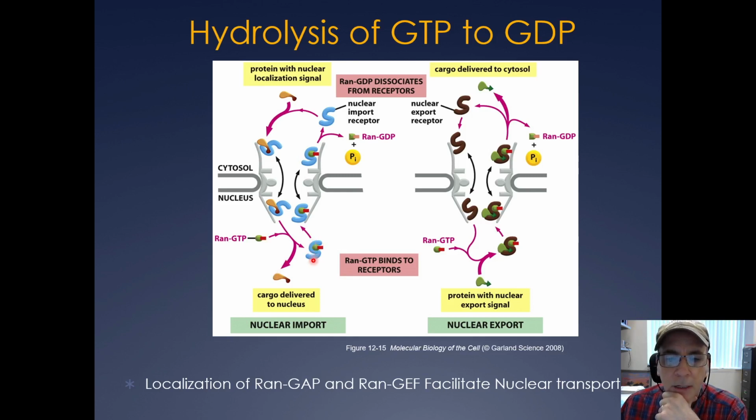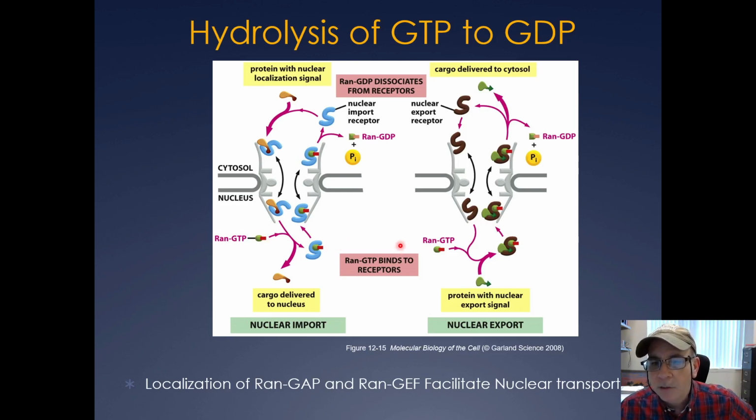And then the nuclear import receptor with the RAN GTP actually exits the nucleus, where it meets the RAN GAP, and that causes hydrolysis of the GTP to GDP, releasing inorganic phosphate, and then that's all released from the nuclear import receptor, so that the nuclear import receptor can undergo a second round of bringing in new cargo, and then the RAN GTP binds to it, right?